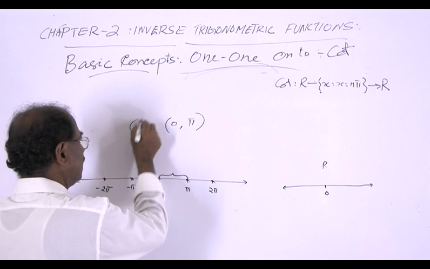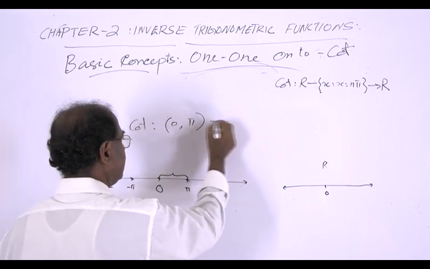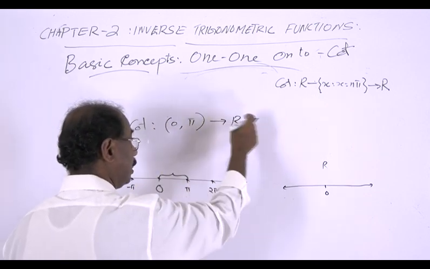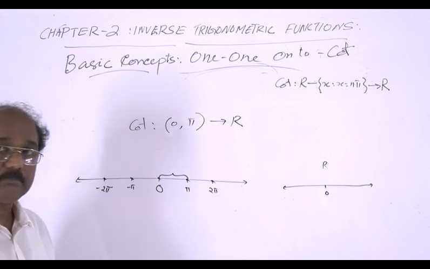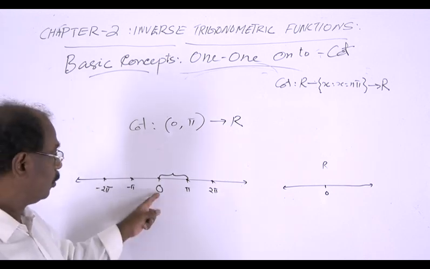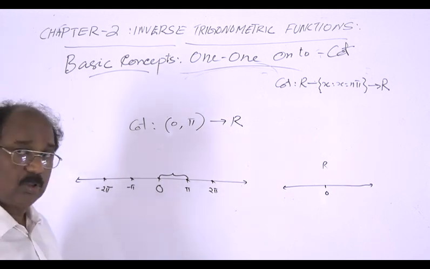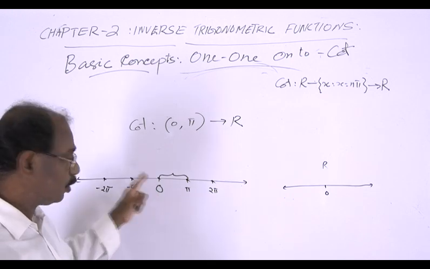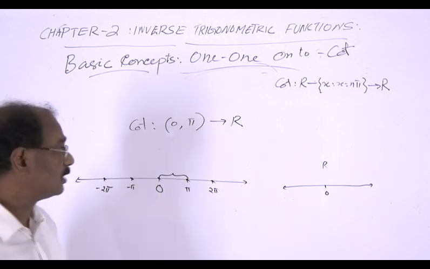Consider this cot function from (0, π) into R, the full R. Now, consider cot 0. 0 is not included, but for the time being consider cot 0.